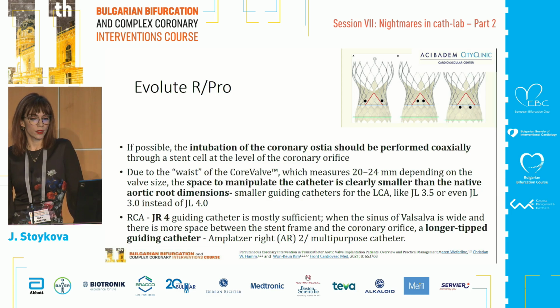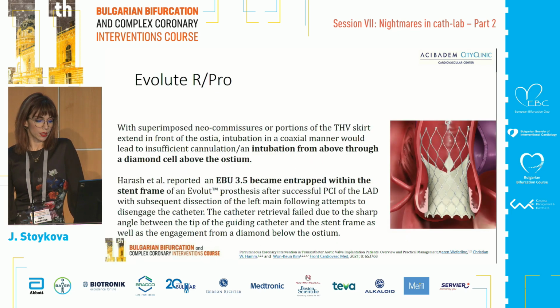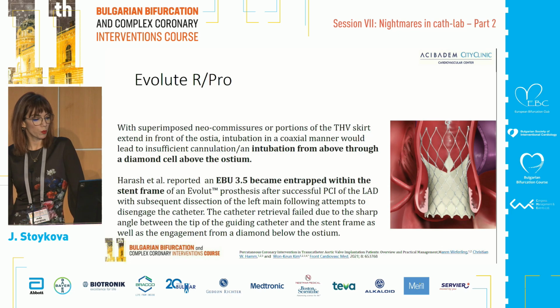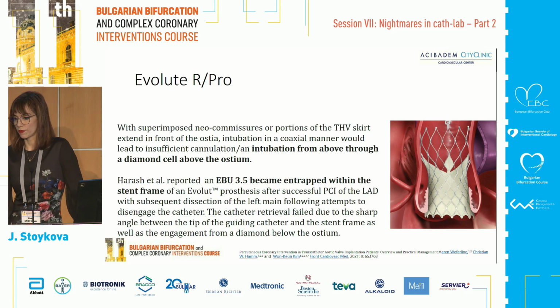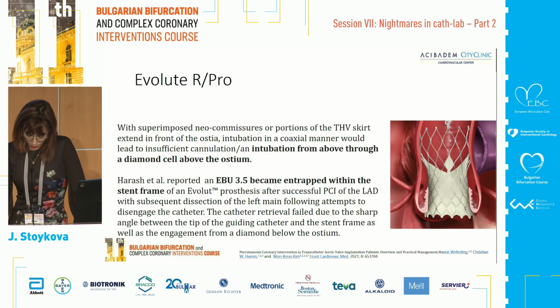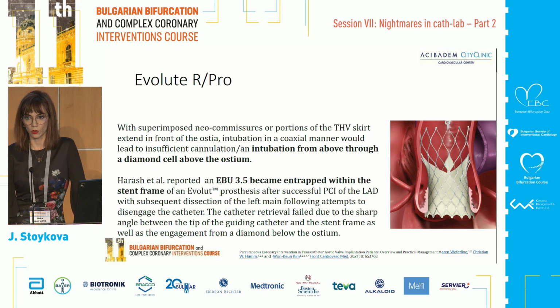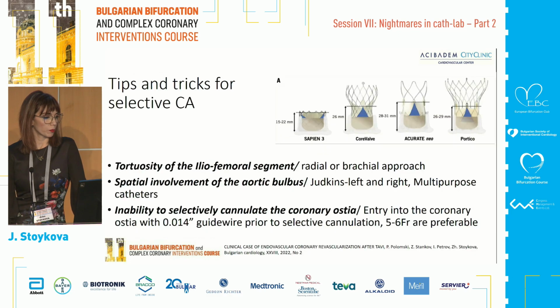And it may be necessary to use a right catheter with a longer tip, such as Amplatz or multi-purpose catheter. There is even a case reported with an EBU catheter entrapped between the struts of the valve, when engaging the lower diamond of the valve when trying to cannulate the ostium of the left main.